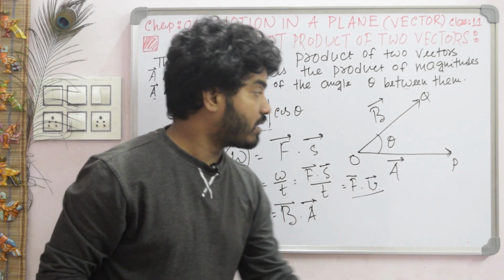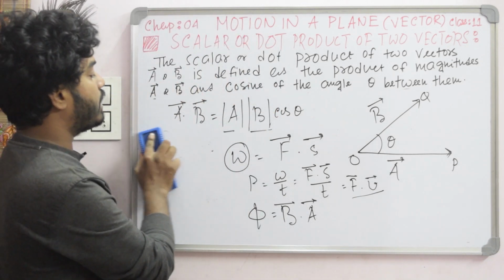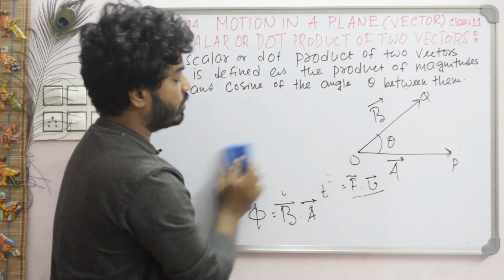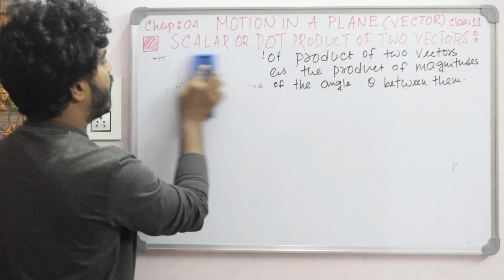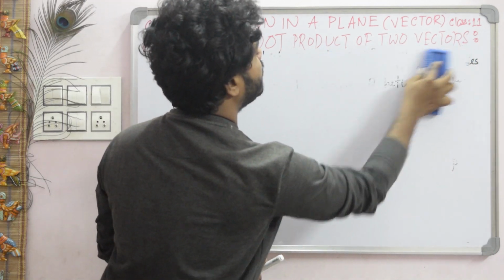Now we will learn some important properties. Write down some properties of the dot product of two vectors.